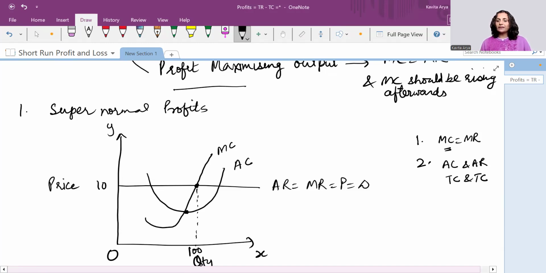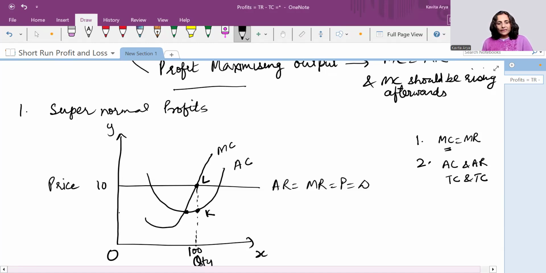So now to find the profits or losses, let us check what is the situation of AC and AR, and hence TC and TR. So AC is at this point, and at this point K, and AR is at this point L. Right. So from 0 to this line, that is 10 is the value of AR, right?